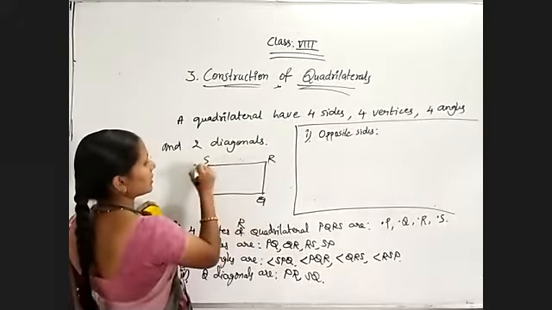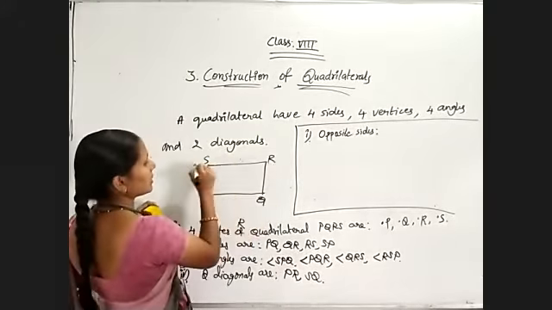So a parallelogram is nothing but a quadrilateral whose opposite sides are parallel and equal. Here we have different properties of a parallelogram. My first property is opposite sides are parallel and equal.